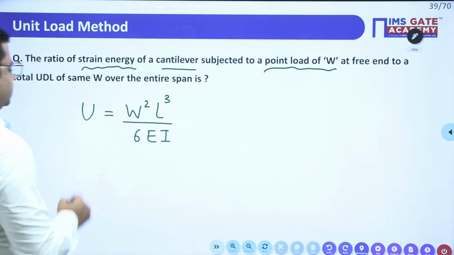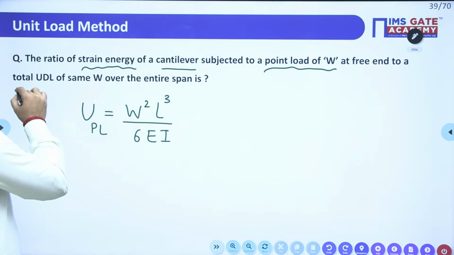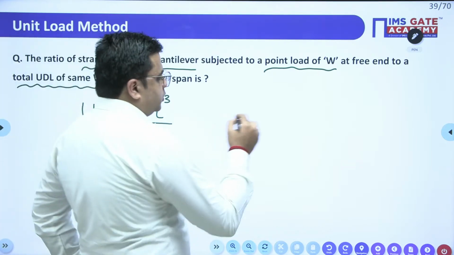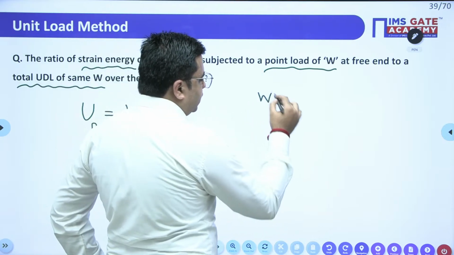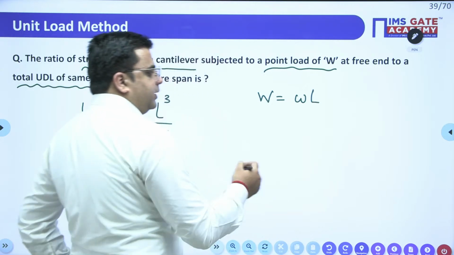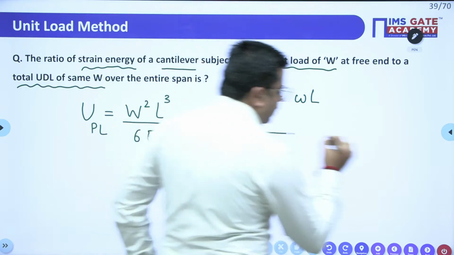Right? So this is the strain energy due to point load. Next is the strain energy due to total UDL of same W. So same W means this total UDL is the intensity of loading multiplied by the length. This will be the total value of loading applied over the cantilever with UDL, right?